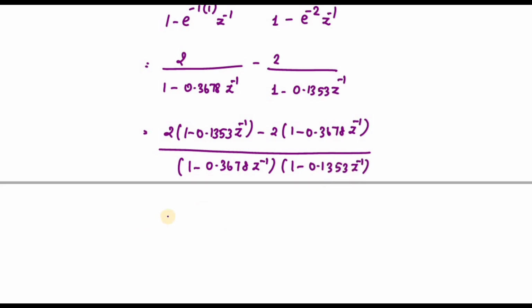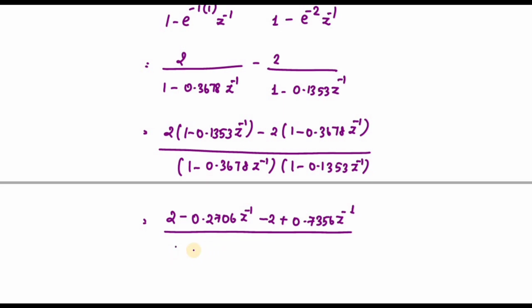So on cross multiplying this one, you will get 2 minus 0.2706 z power minus 1, right? Minus 2 plus 0.7356 z power minus 1, divided by 1 minus 0.3678 z power minus 1, so if I multiply with 1 minus 0.1353 z power minus 1, plus 0.04976 z power minus 2.